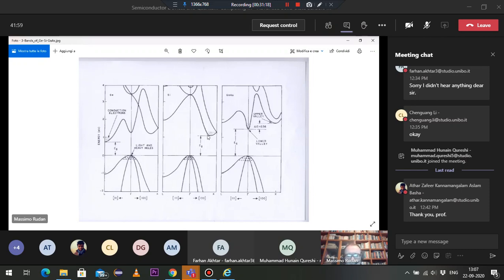Actually, if you look closely here, near the minimum of the conduction band, you have minus signs. They simply indicate symbolically the presence of electrons.